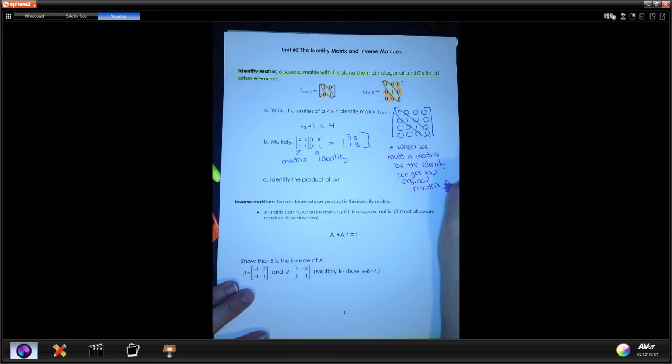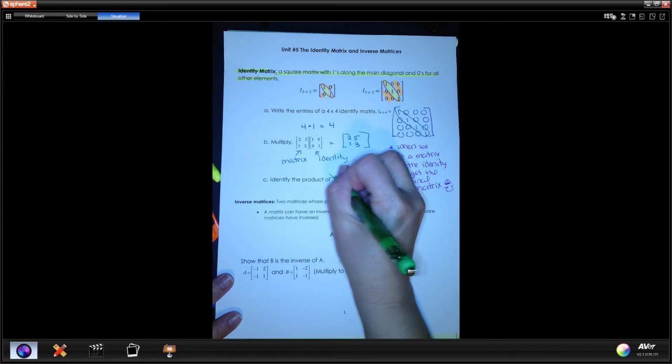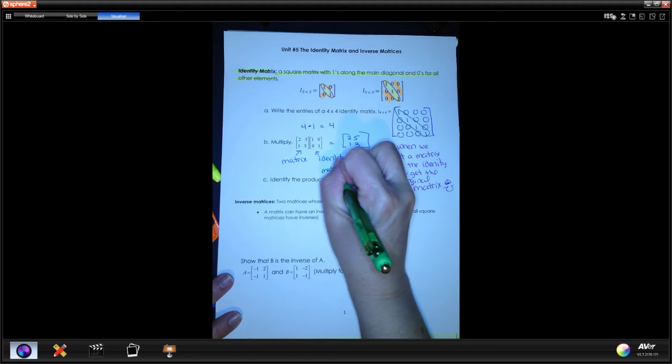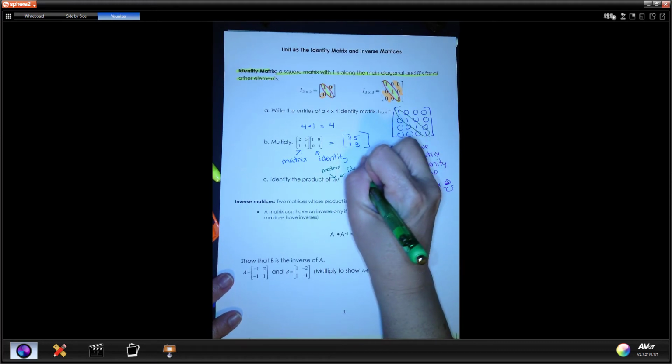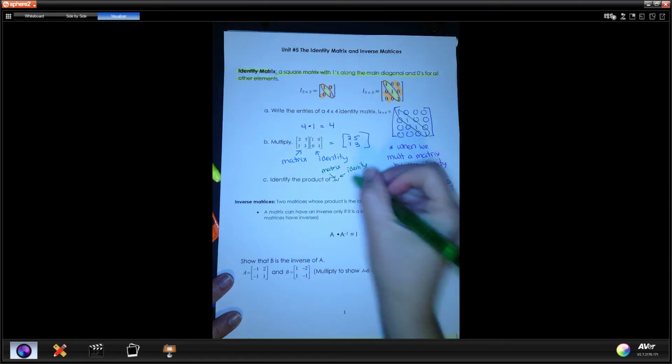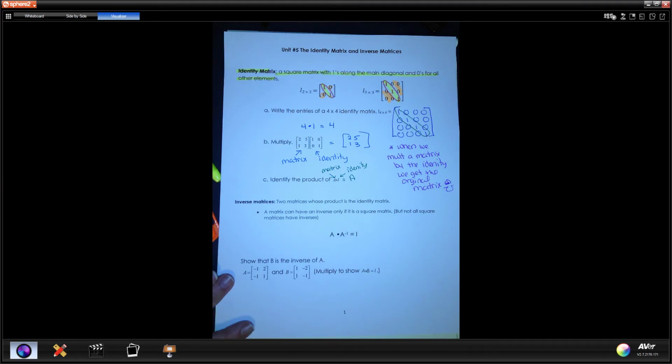And remember that identity is the same thing as multiplying by 1. So if we wanted to identify the product of A times I, this is a matrix, this is the identity, and that means that product is going to be just A.